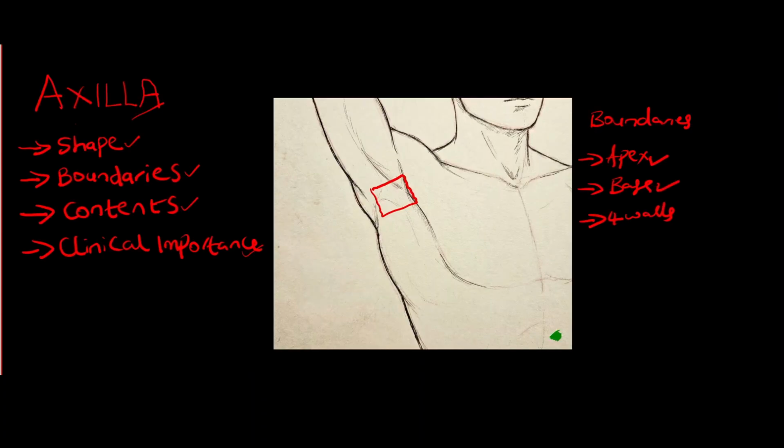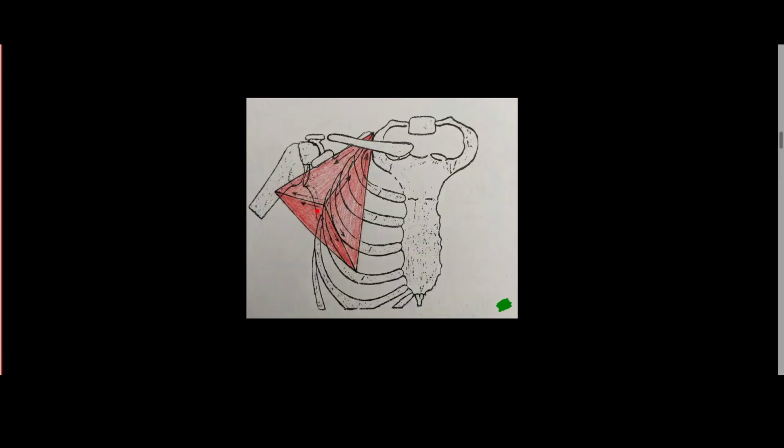Okay. Now this is the base of the axilla. Now the base of the axilla forms the floor of the axilla. So I call it the base or floor of the axilla. The structure you see externally as the hollow of the armpit. Okay, that's this.